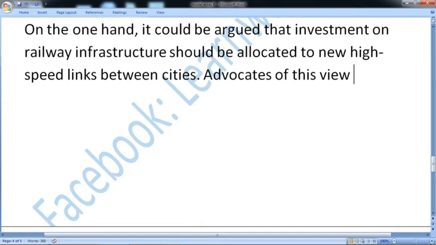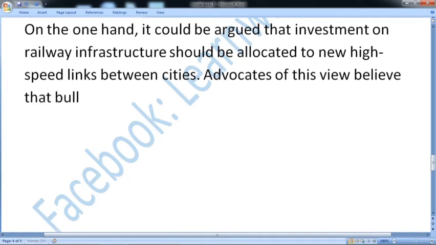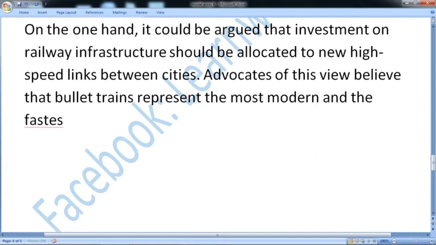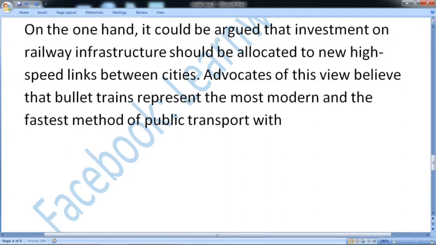The advocates of this view believe that bullet trains represent the most modern and the fastest method of public transport within or between cities.